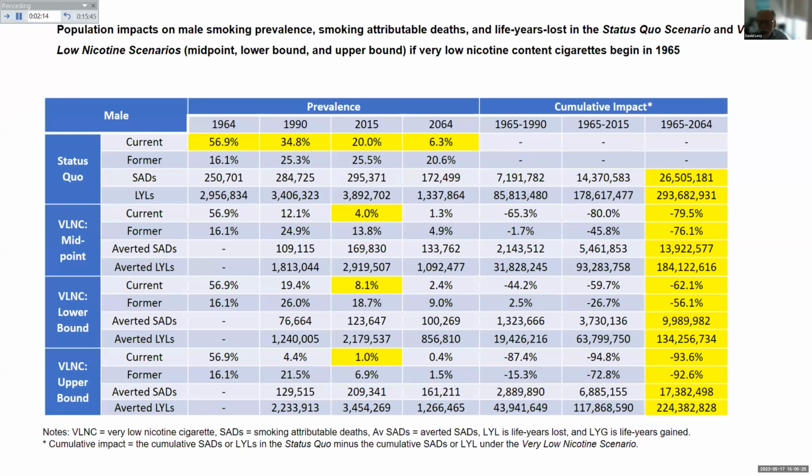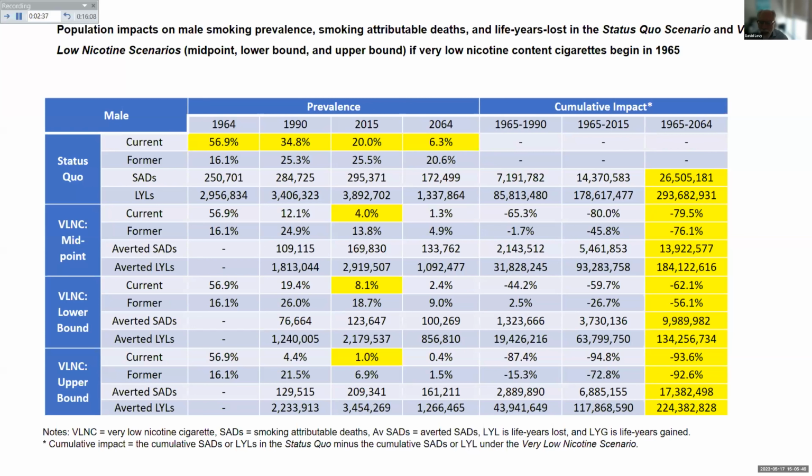That's a reduction of around 80%, even by 2015, in the smoking prevalence.